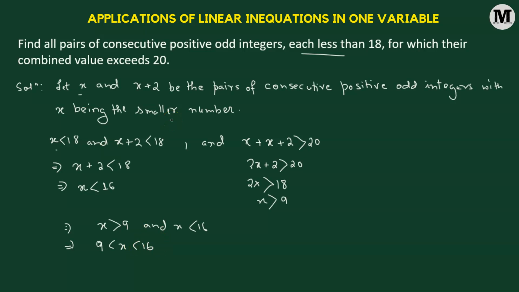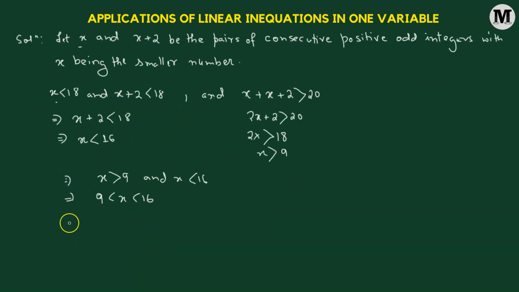Now, what are the odd numbers that lie between 9 and 16? The odd numbers that lie between 9 and 16 are 11, 13, and 15. Fine. So now we have found out the values of x. Next, our goal will be to find out the pair of consecutive positive odd integers. So if we consider x to be equal to 11, then x plus 2 is going to be equal to 13.